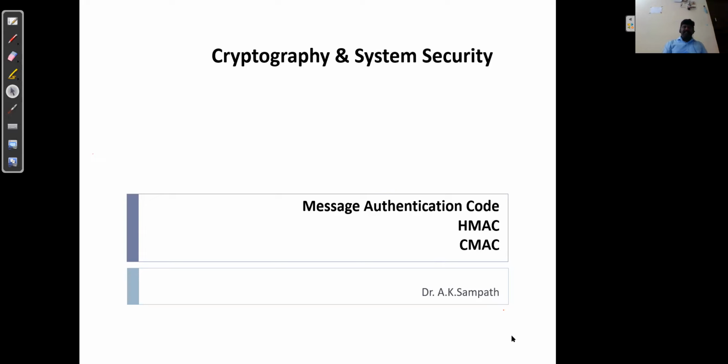So in this session, we'll be covering the remaining part of the third chapter, which is related to hash code or hash functions. We have discussed the definitions or basics of message authentication code, and now we'll discuss in detail the hash message authentication code as well as the cipher message authentication code in this session.